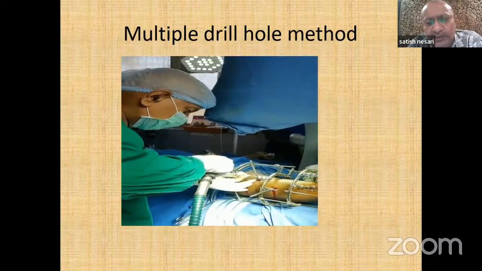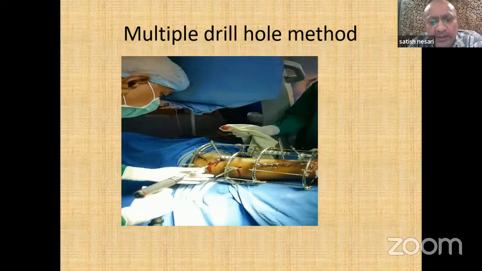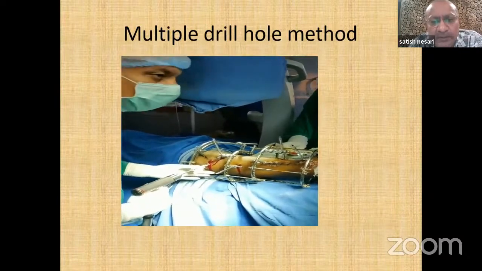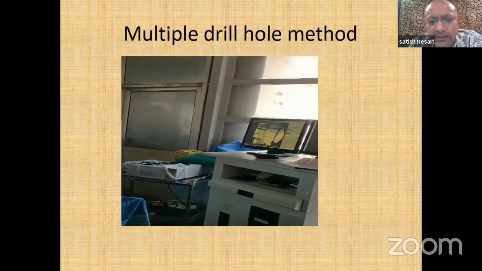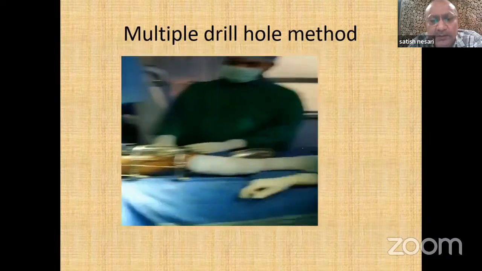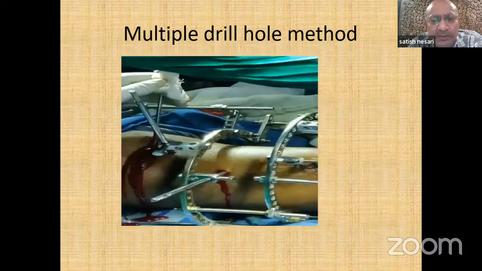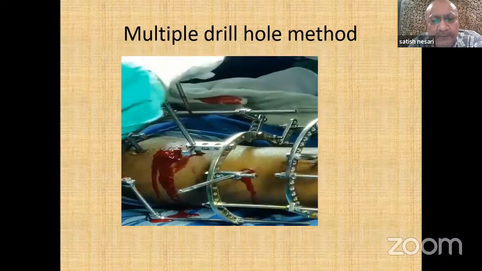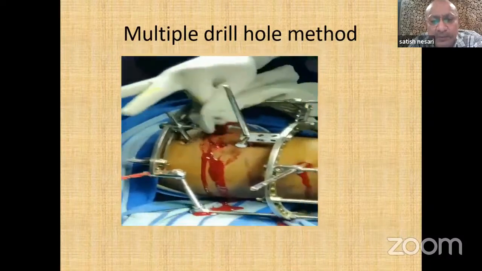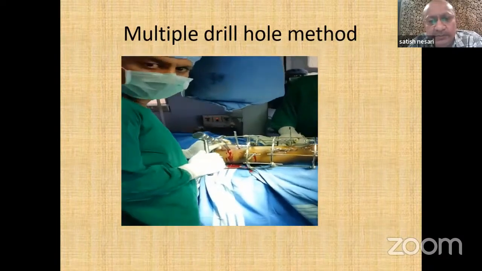You can see here I'm holding a saline-soaked gauze piece. This helps me stabilize the drill bit and avoids inadvertent piercing of the opposite cortex. Always hold the drill bits firmly and drill the holes without injuring the neurovascular structures.